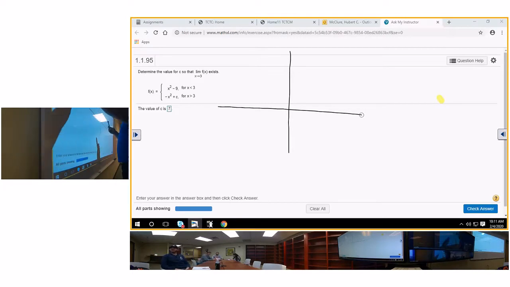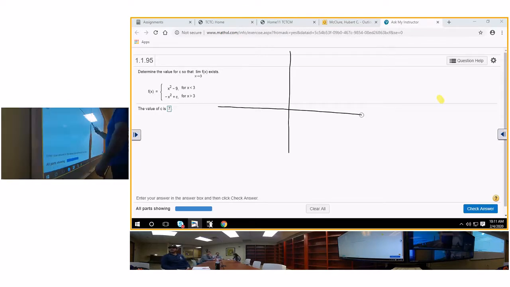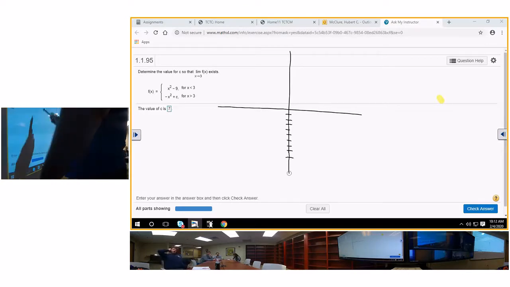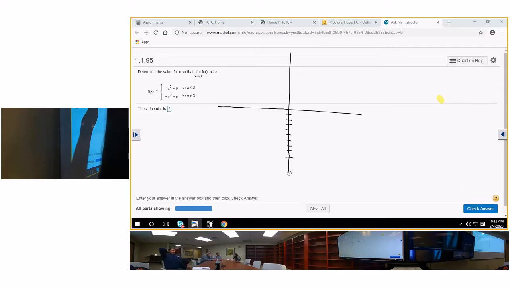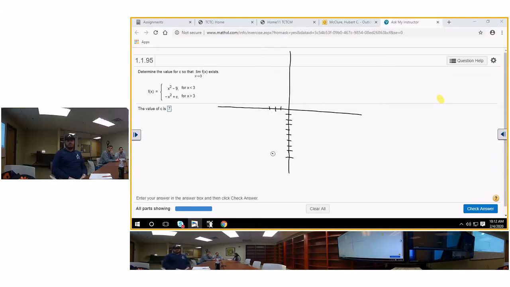All right, x squared minus 9. That's going to be x squared with a vertical shift of -9. 1, 2, 3, 4, 5, 6, 7, 8, 9. And we can only use x less than what? 3? 1, 2, 3. So that means it looks like that.